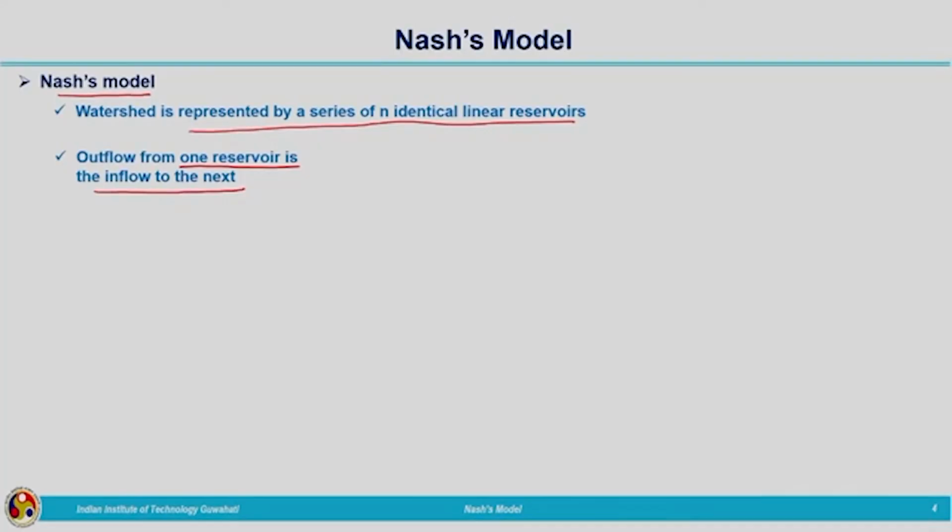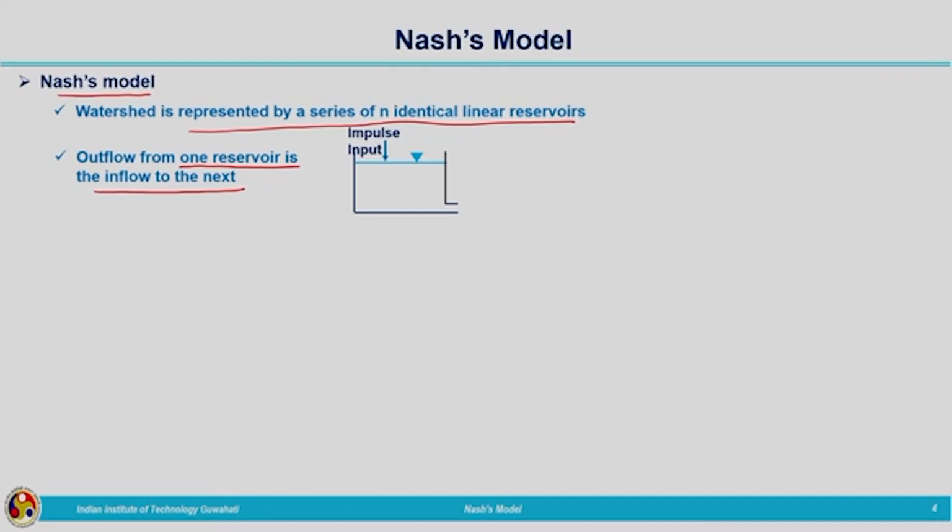We can schematically represent a catchment as a combination of n identical linear reservoirs like this. Let this be the first reservoir, the water surface is marked over here, and it is acted upon by an impulse input. Here in this case, we are going to derive the instantaneous unit hydrograph.